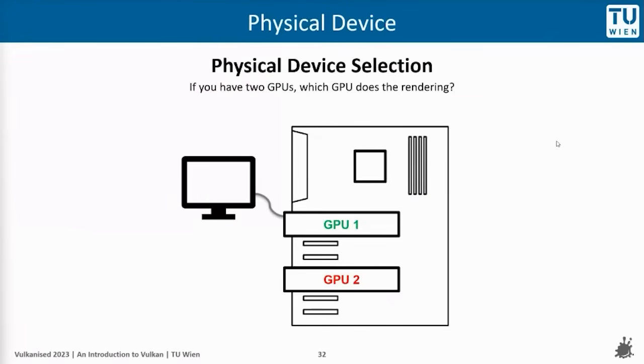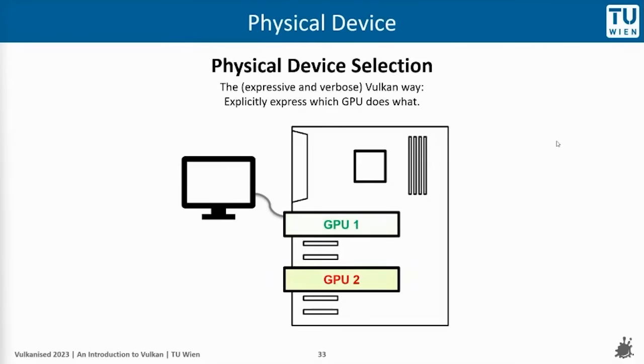So just as indicated before, in this case we have the situation where we have a computer with two GPUs. So in Vulkan, we can select which GPU we want to use for which tasks. So very specifically, we can either use GPU 1 for rendering everything and for presentation, and maybe for other tasks as well, whatever our application requires.